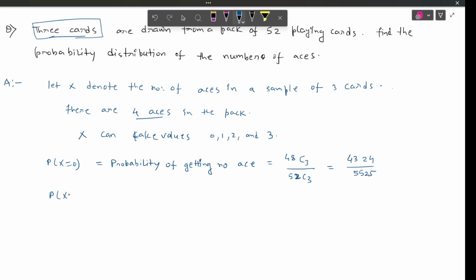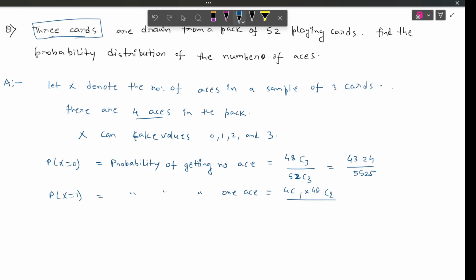Now the probability of getting 1 ace. You are drawing 3 cards, but you have got 1 ace. That means you are taking the other 2 cards from the rest of the cards. So from 4 aces you are taking 1, and from the remaining 48 cards you are getting 2 cards.